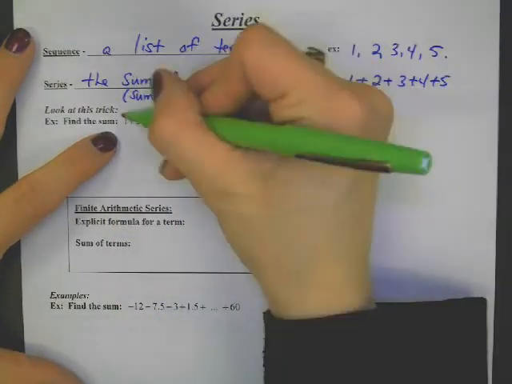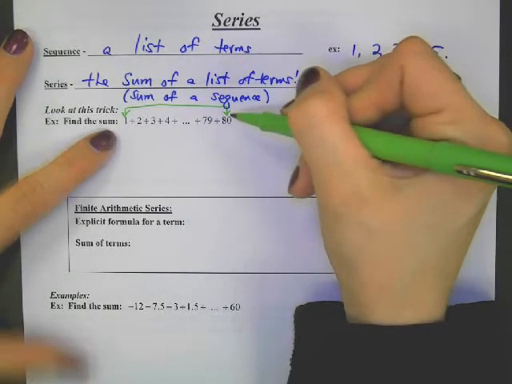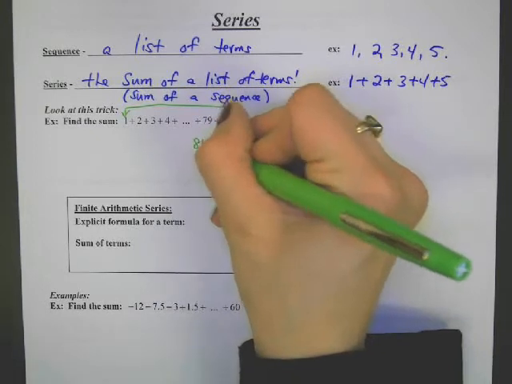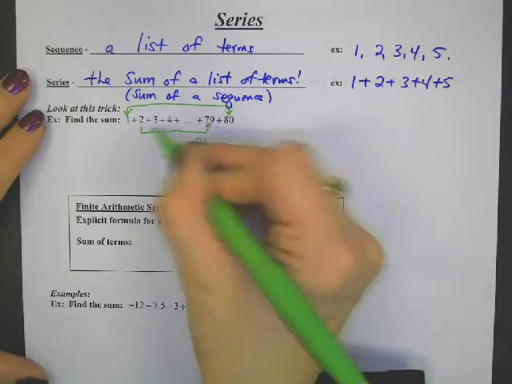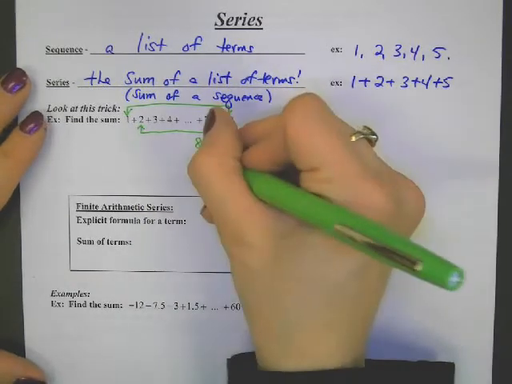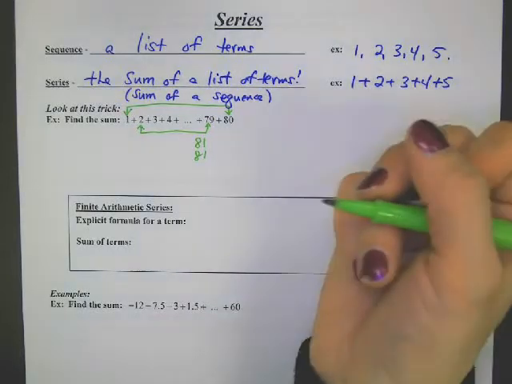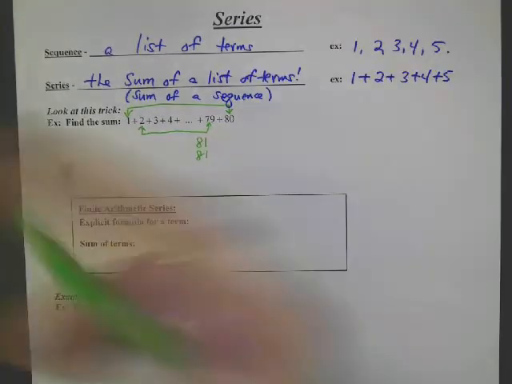Remember the trick? How you take 1 and you add it to 80? So 1 plus 80 makes 81. Let's take the second largest with the second smallest, and those two also make 81. In fact, every time you do that, you're going to get 81. The question is, how many sets of 81 are there?